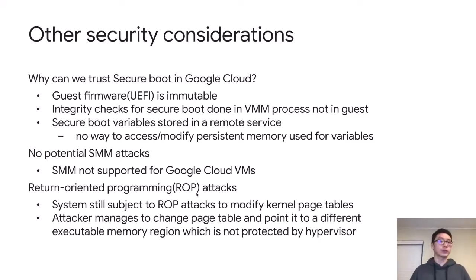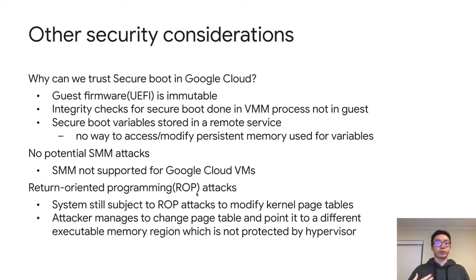But the protection is not perfect. Even if we guarantee the kernel code stays the same through the entire runtime and nothing gets executed outside this kernel code space, there are still possibilities people can use something called a return-oriented programming, ROP, attack. What it does is try to find some instructions in your executable region and chain them together to achieve some special goals.